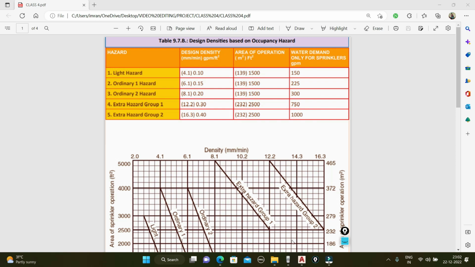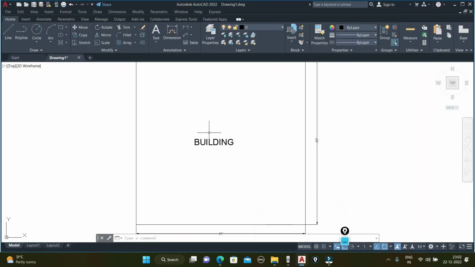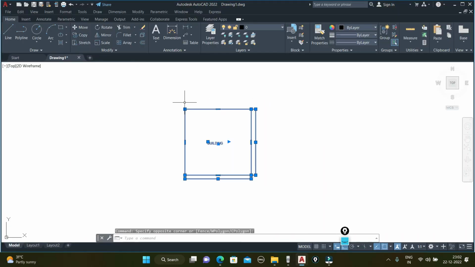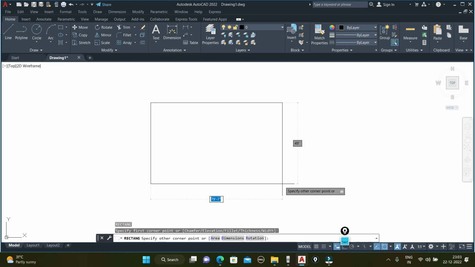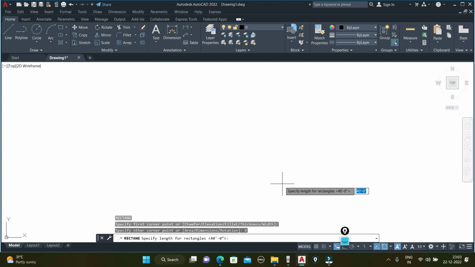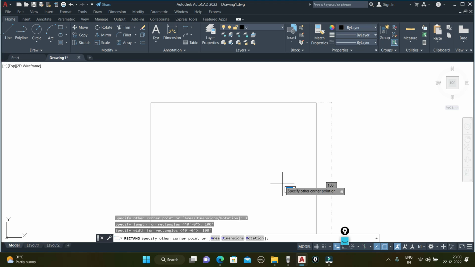Suppose we are designing an office and that office is light hazard. For example, see, this is the building, like 100 feet by 100 feet.